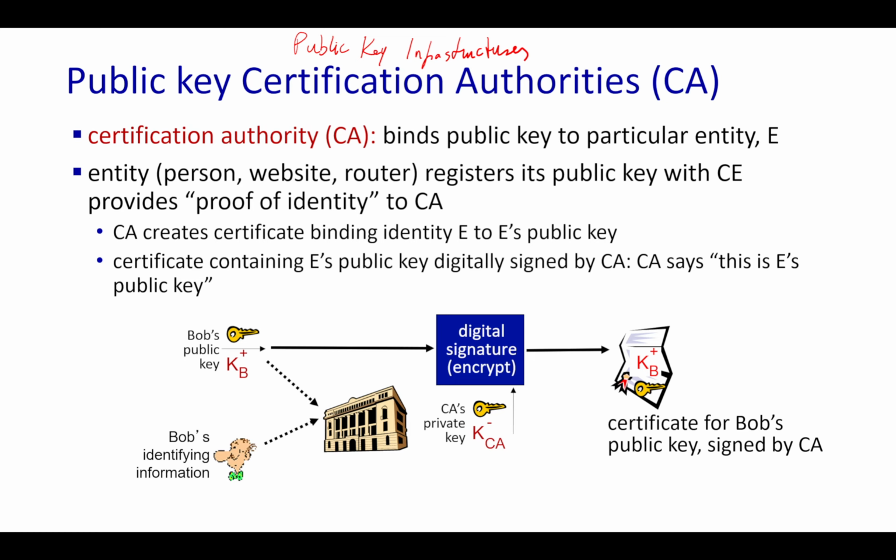So basically, we want to combine an entity, a person, website, router, and its public key. And this needs to be proven to a certificate authority.